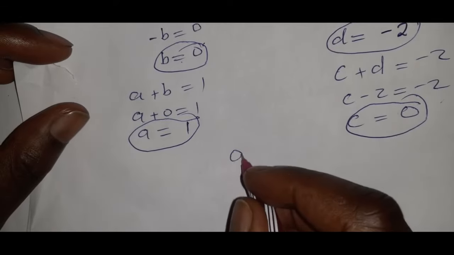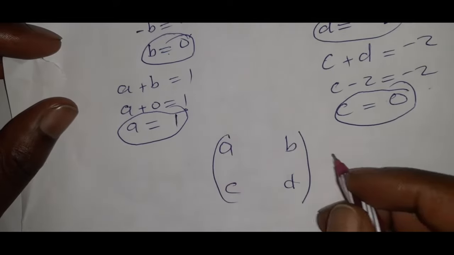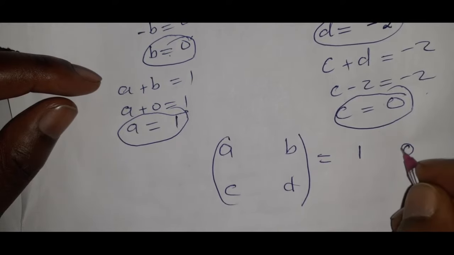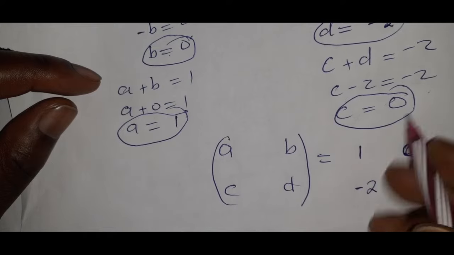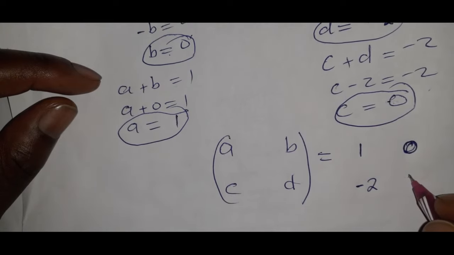Remember, we said the matrix that we are looking for is this one. So what is our A? Our A is 1. What is our B? Our B is 0. What is our D? Our D is -2. What is our C?